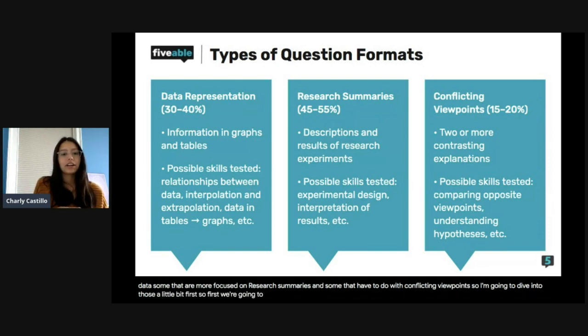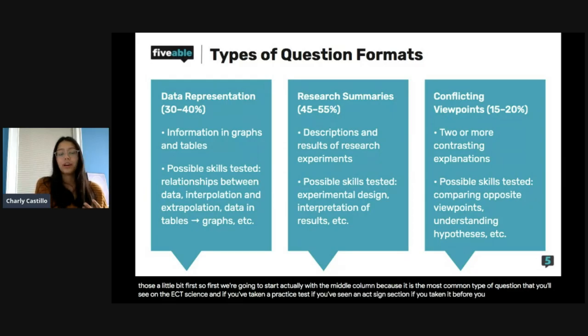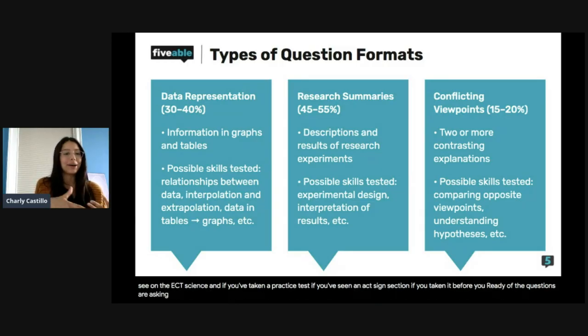So first, we're going to start actually with the middle column, because it is the most common type of question that you'll see on the ACT Science. And if you've taken a practice test, if you've seen an ACT Science section, you probably have seen that the majority of the questions are asking about research. So luckily, you don't need to go into this test knowing any type of research study whatsoever.